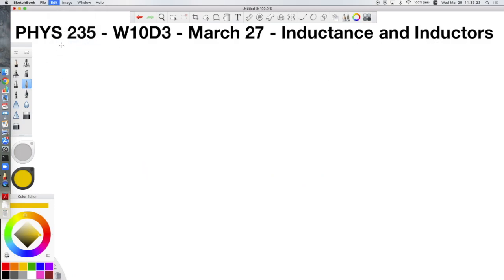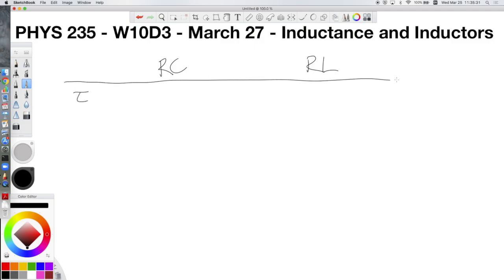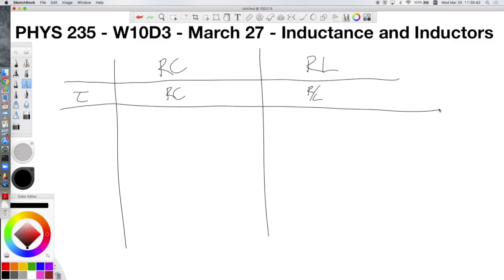Briefly, at least, I want to compare and contrast the RC circuit with the RL circuit. One difference is the time constant. The time constant equals RC in an RC circuit. It equals L over R in the RL circuit. Another thing I want to look at is what happens initially.